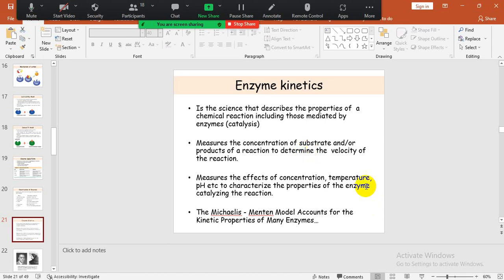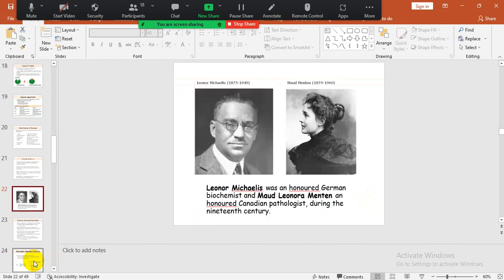It also measures the effect of concentration, temperature, pH, etc. to characterize the properties of the enzyme catalyzing the reaction. So we employ the Michaelis-Menten equation. This is Michaelis. He is a biochemist.